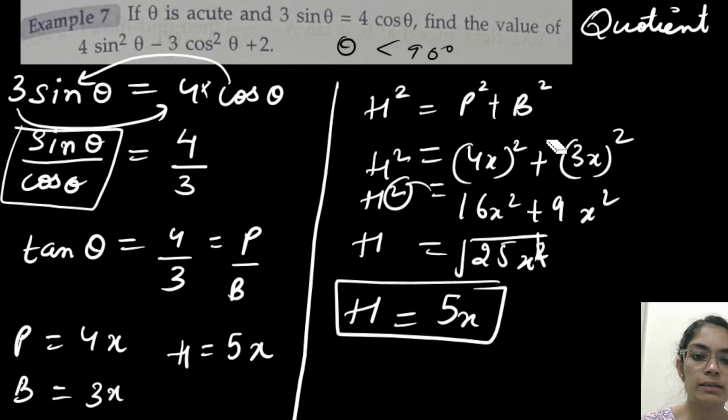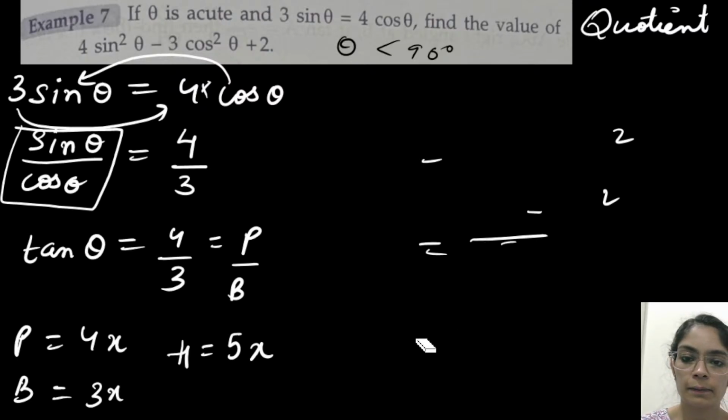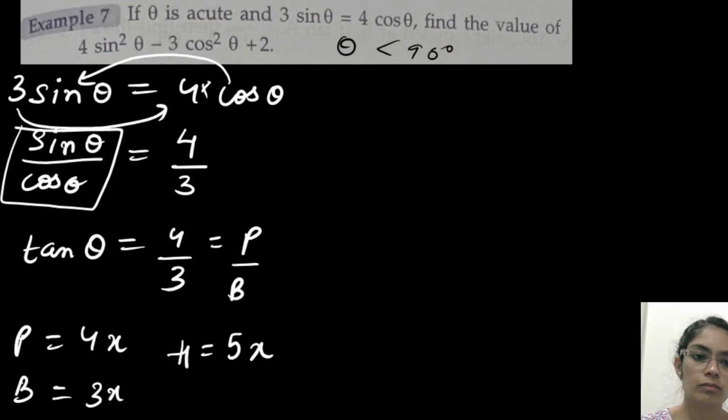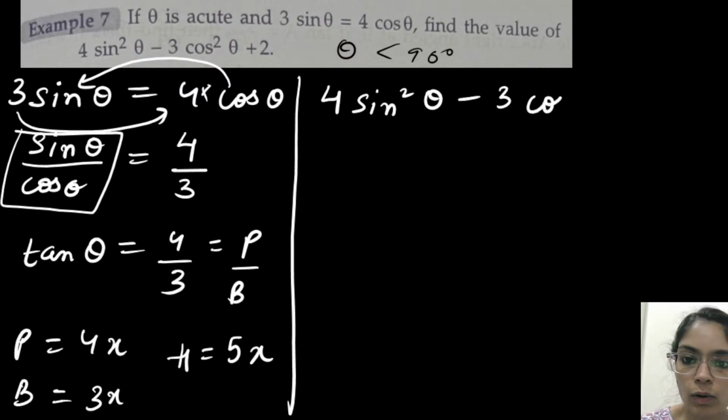So let's find the given thing now. What we have to find? Let's find that. 4 sine square theta minus 3 cos square theta plus 2. This is what we have to find. 4 sine square theta.